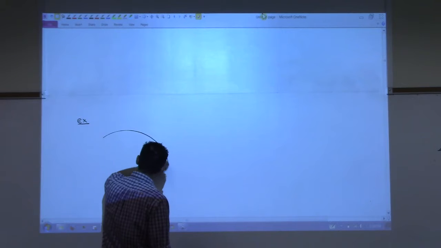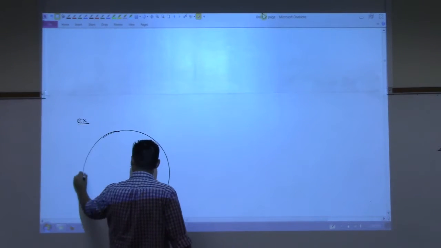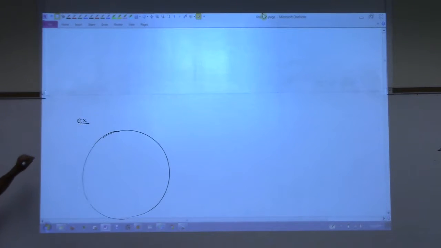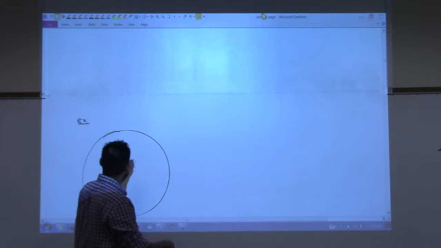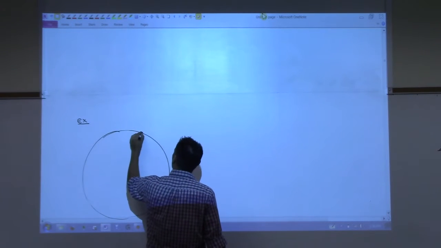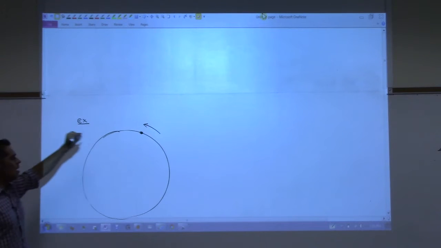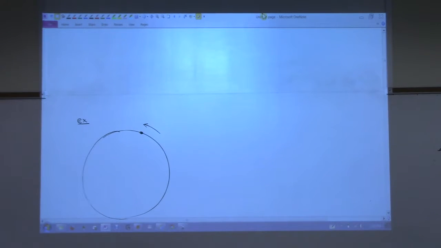Let's say that you have a track, a circular track. So this is a perfect circle, it's a track. And let's say that you've got a runner, so we're looking from the top. You've got a runner who's running around this track in a counterclockwise direction like this, all right?